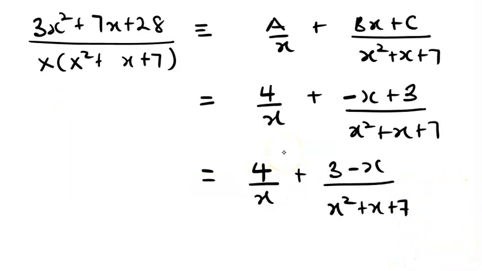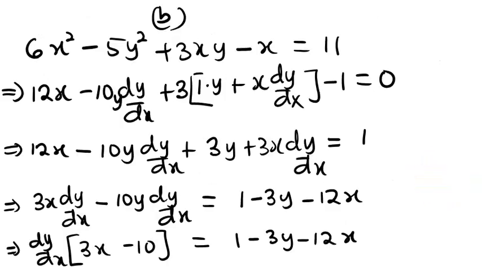Coming back, being able to write the partial fraction in a simplified form, the candidate will get another 1 mark. Now let's go back to the second part. Finding the implicit function is M1, and then correct differentiation, you get A1.